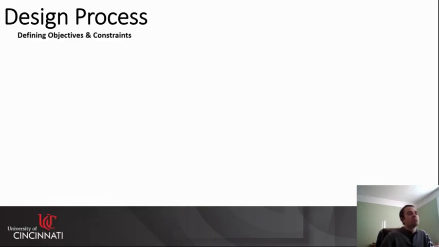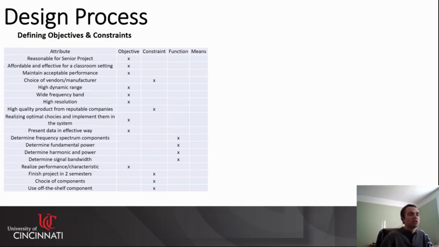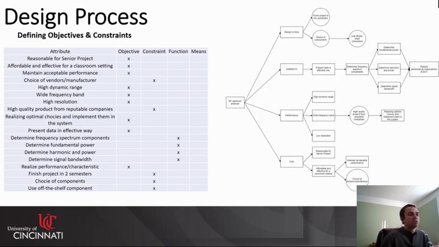So getting into what the objectives are for our product and the constraints we have. I touched on earlier that some of the primary objectives are to have good performance, to be at a reasonable cost point, and for the user to be able to use it. There's no reason to have a high performance spectrum analyzer spitting out data if you're not able to interpret what the data means.